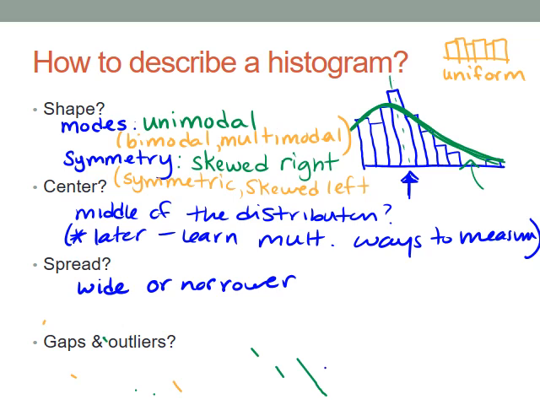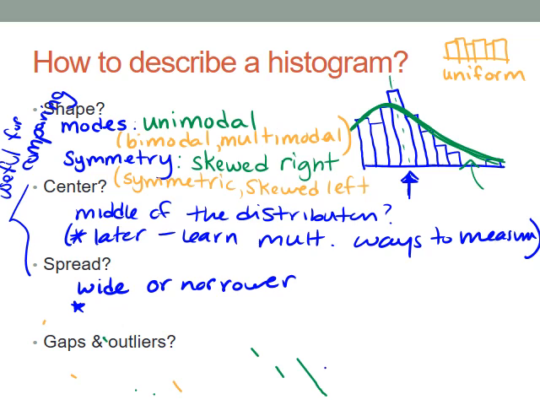Later, we're going to learn some ways to measure this specifically. And actually, a measure of spread is difficult to talk about unless we're talking about a comparison, as far as histograms go. So both of these are useful for comparing histograms to one another.